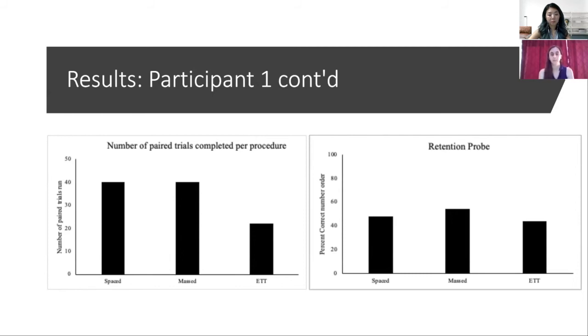However, some of the numbers were in the correct order. So we base these percentages off of numbers that were in the correct order. For example, 1, 2, 3, 4, 5, if that was the correct answer, and the participant said 2, 2, 3, 4, 5, that would be 4 correct numbers out of 5.